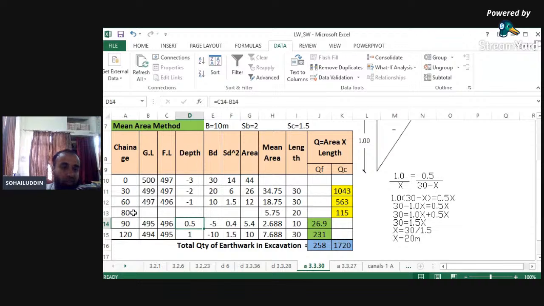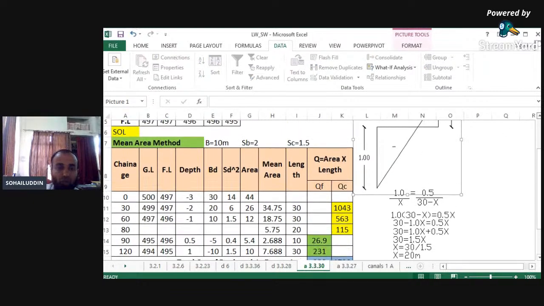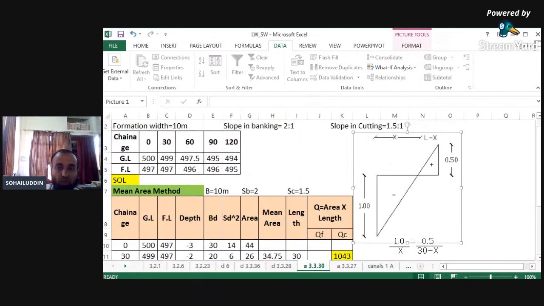Now, what will be the intermediate chainage? We have to find out where it changes from negative to positive. There is a figure for this. With the help of this figure, we have to find it out: the depth is -1 on one side and positive 0.5 on the other. Suppose this distance is x.